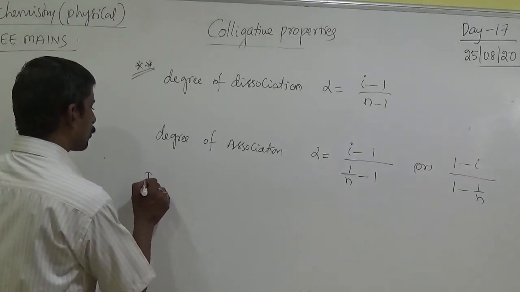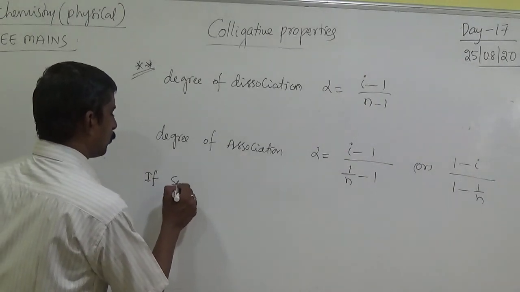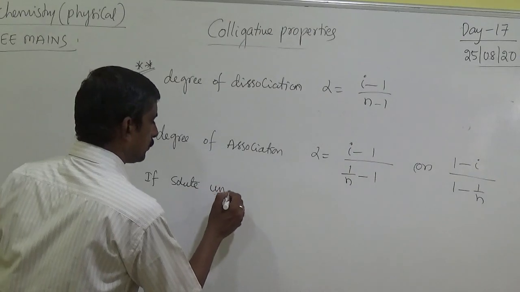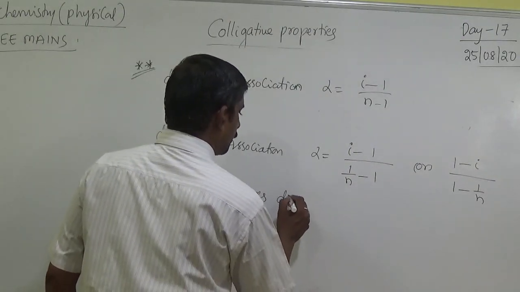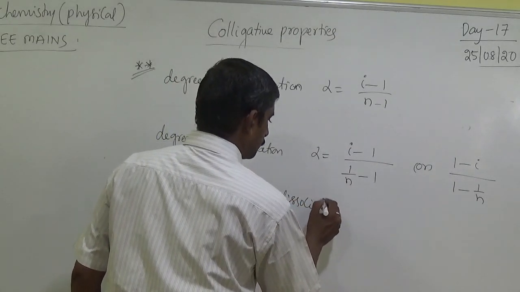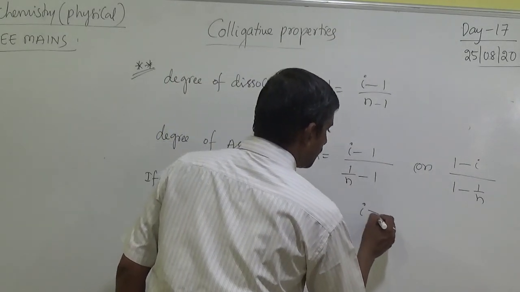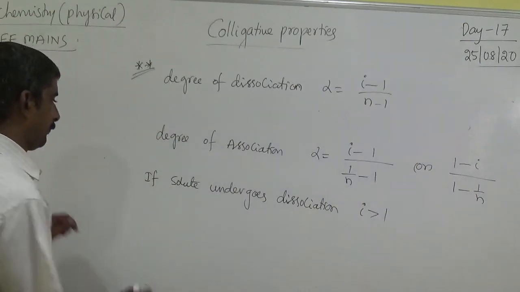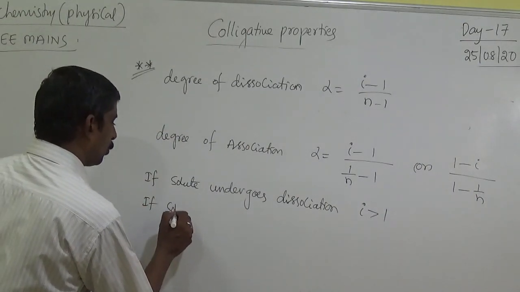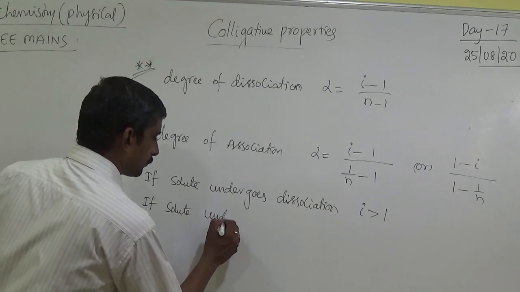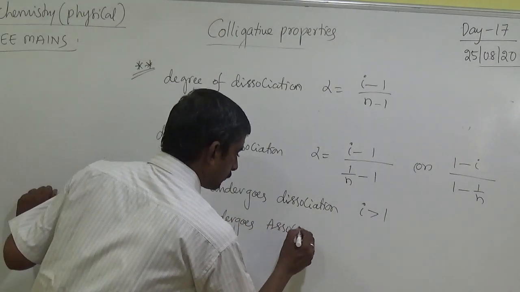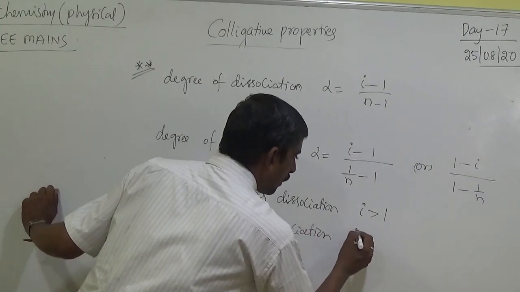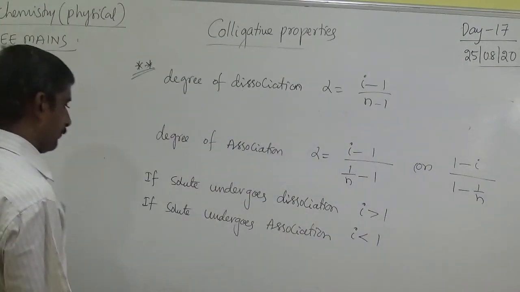If solute undergoes dissociation, i is greater than 1, very important. If solute undergoes association, i is less than 1.